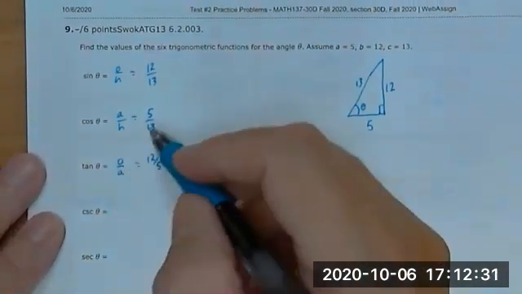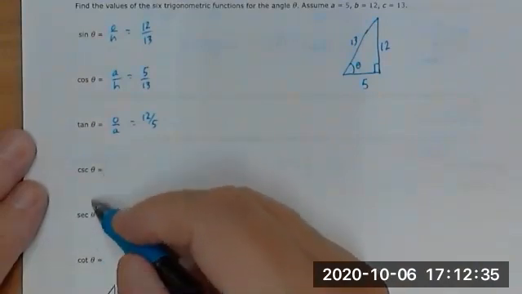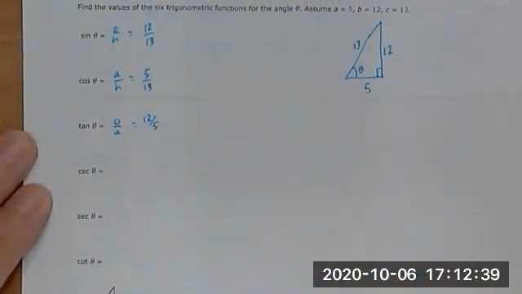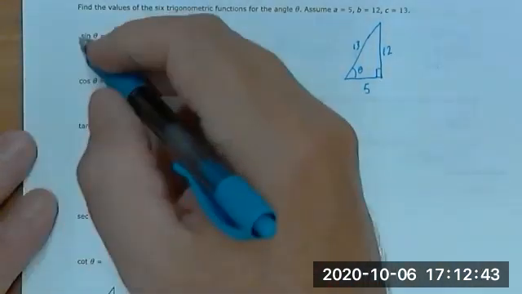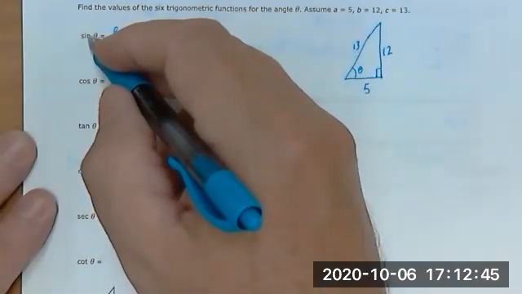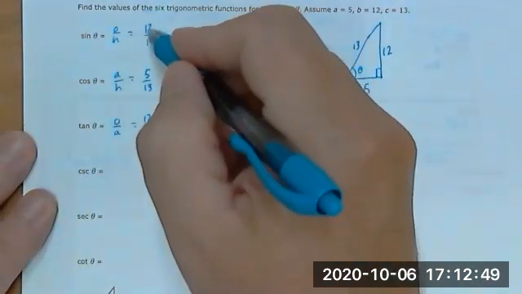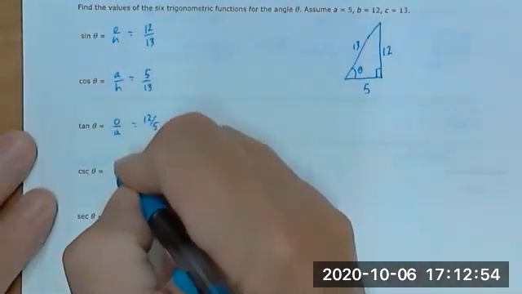Now, I call these sort of the three main trig functions, and these remaining three are the ones that I call sort of the minor ones. The cosecant sort of gets paired up with the sine. The cosecant is actually the reciprocal of the sine. So if your sine is a fraction, the cosecant, you just flip the fraction.